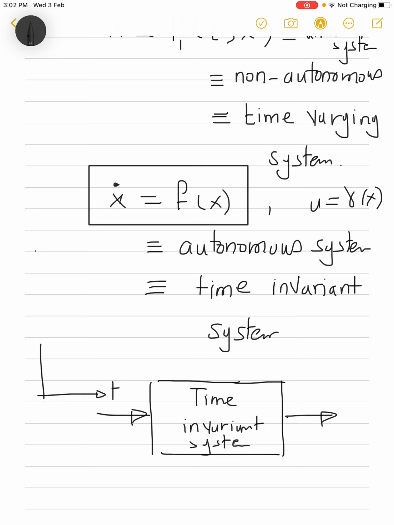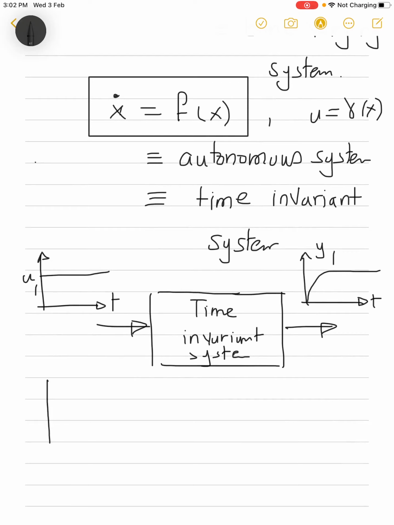If we have like a step input here, say U1 applied to the time invariant system, and we notice the output, something like this, for example. So this is the output due to the first input.